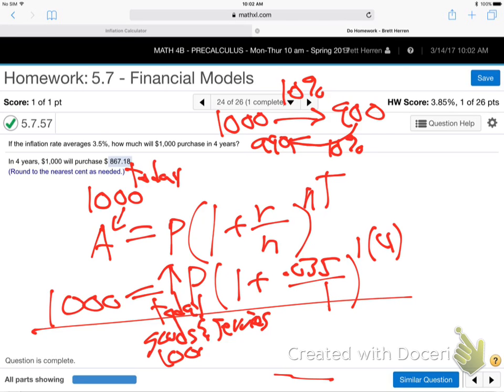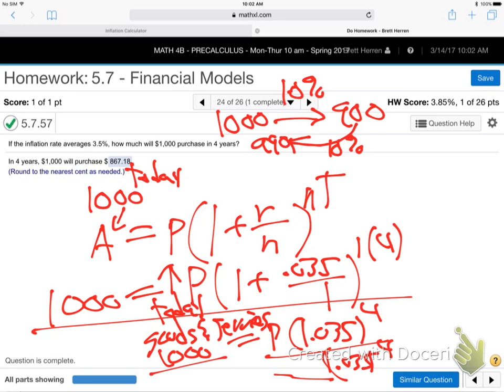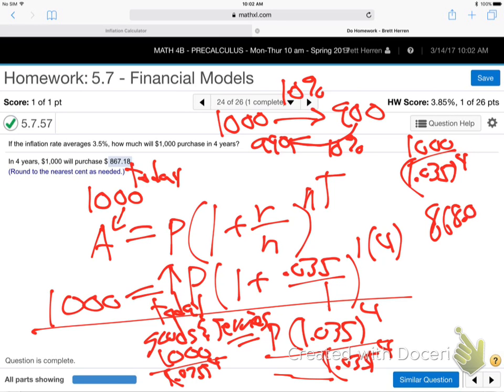So let me solve this real quick. So 1,000 equals P times 1.035 to the fourth, right? So then just divide by 1.035 to the fourth power. If somebody has a calculator, what's 1,000 divided by 1.035 to the fourth? That'll be the lower amount, like 800, 900. 868.08.